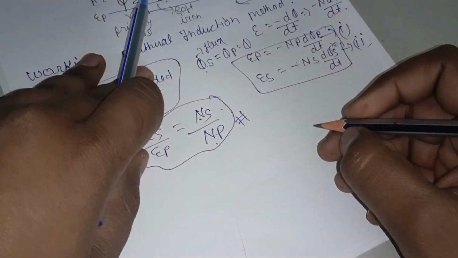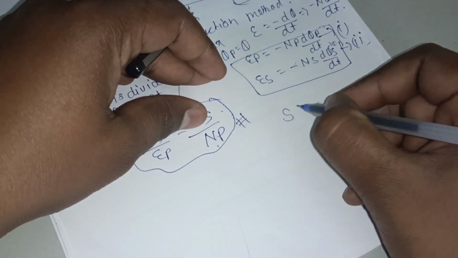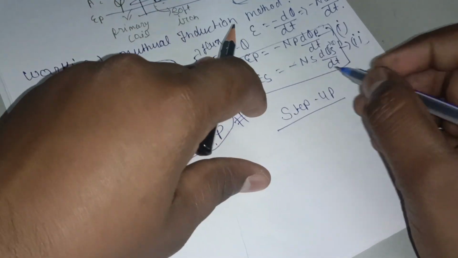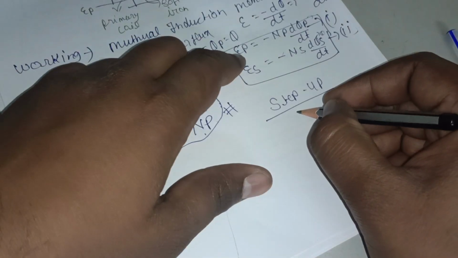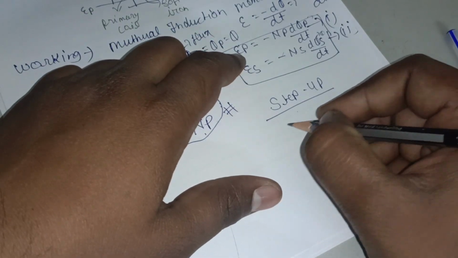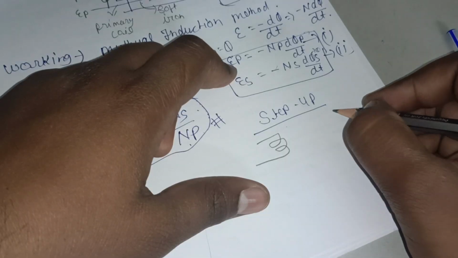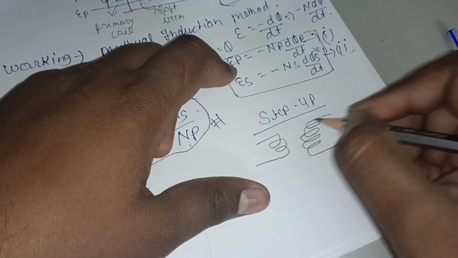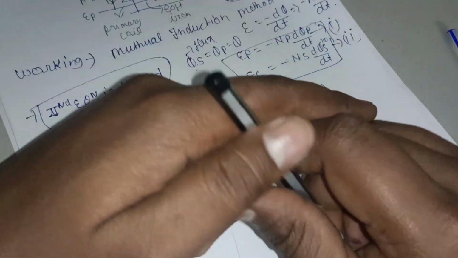One more thing, we use a transformer to step up or step down. This is primary and this is secondary.